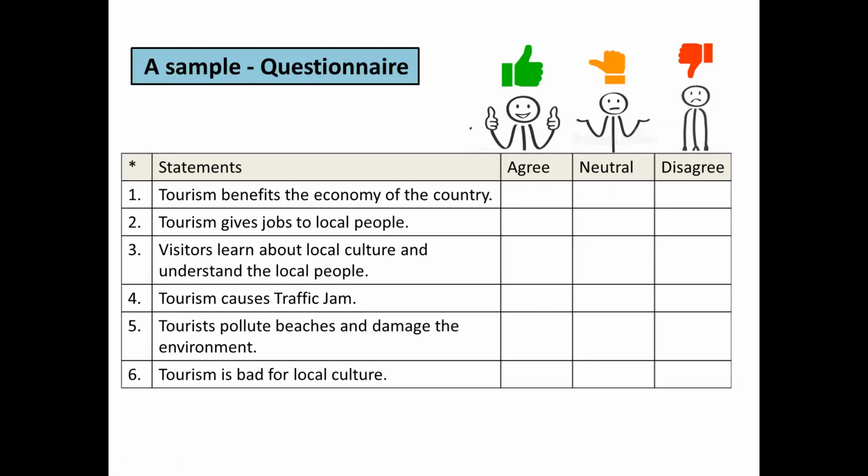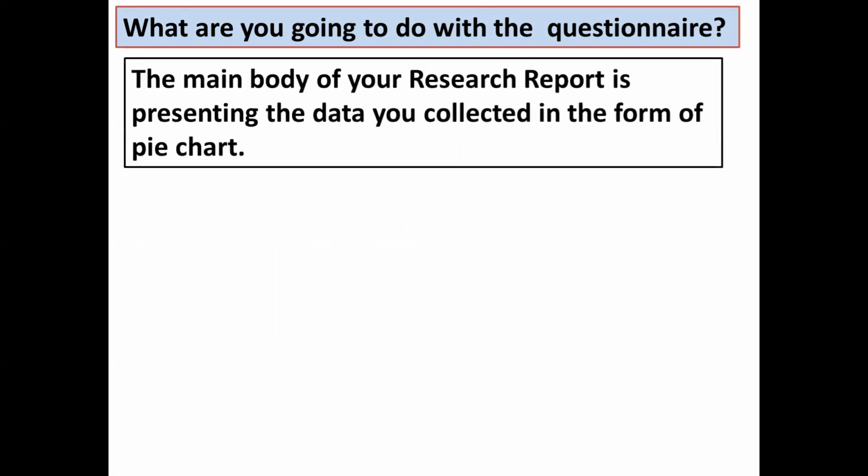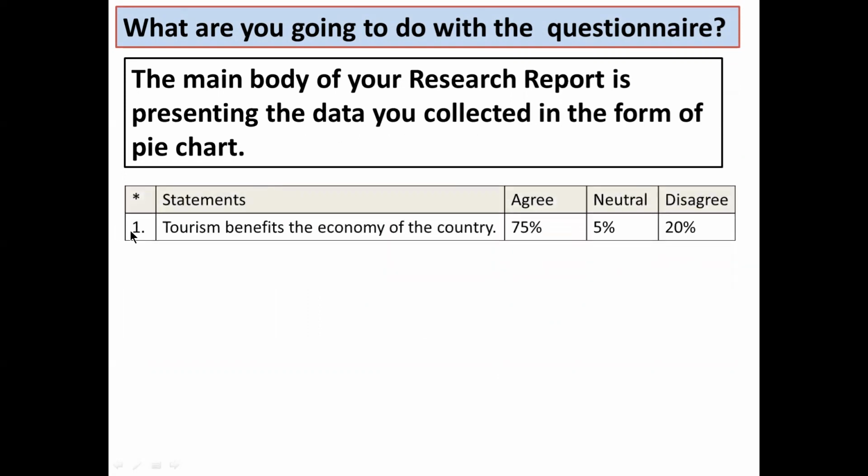So your research question is going to be very, very simple because it's your first attempt at research. What are you going to do with the questionnaire? You've prepared a questionnaire with 6 statements and 3 options. What are you going to do? The main body of your research report is presenting the data you collected in the form of a pie chart. For example, look at the first statement on the questionnaire that I showed you.